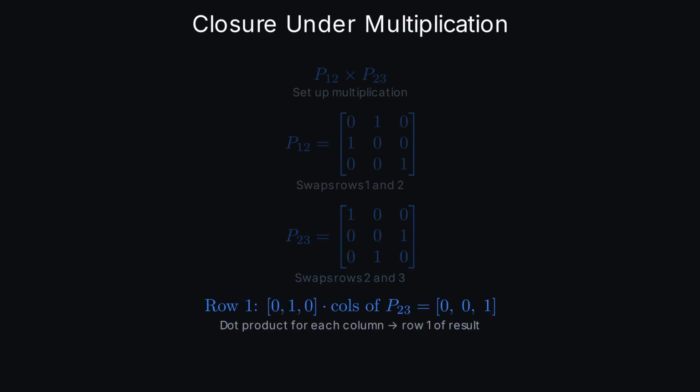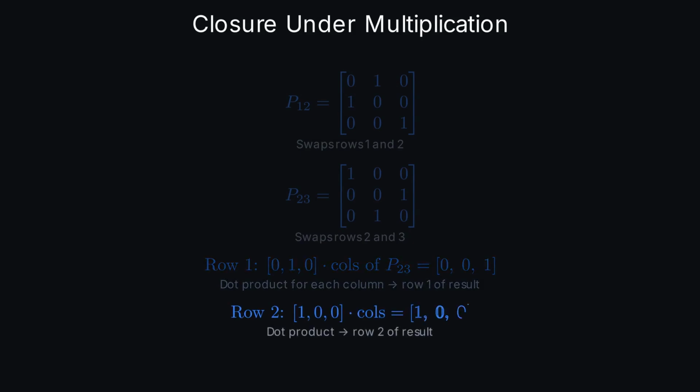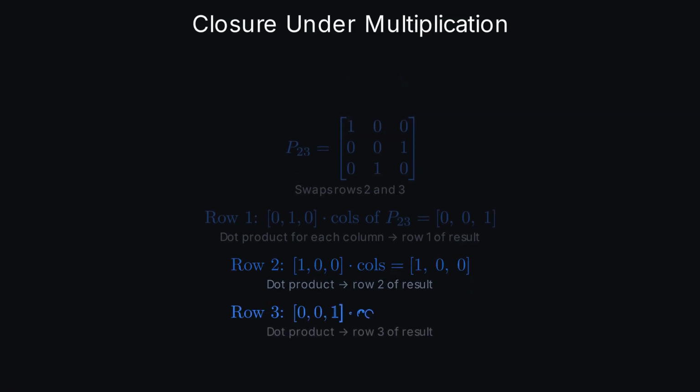For row 1 of the result, we take the first row of P12, which is 0, 1, 0, and dot it with each column of P23, we get 0, 0, 1. For row 2, the row is 1, 0, 0, giving us 1, 0, 0. For row 3, the row is 0, 0, 1, giving us 0, 1, 0.